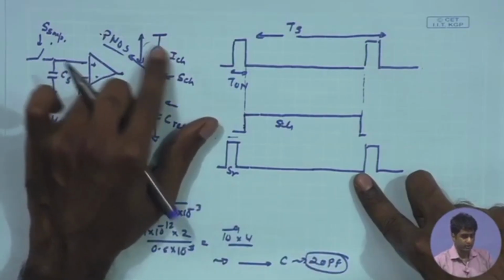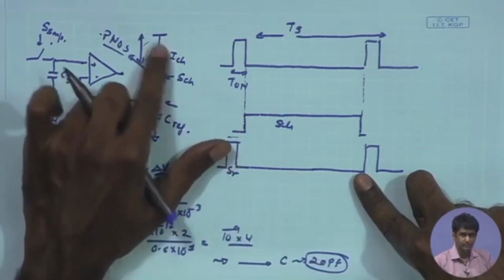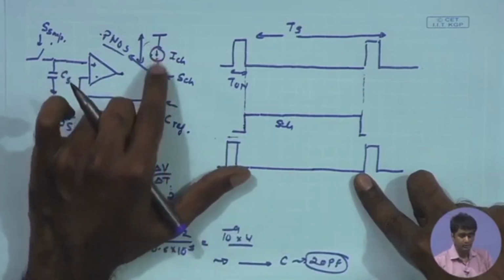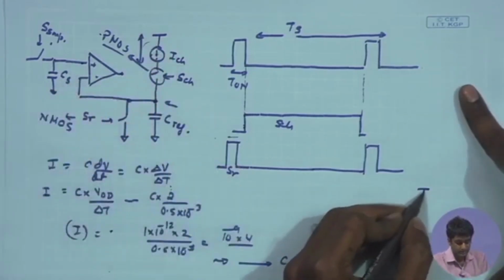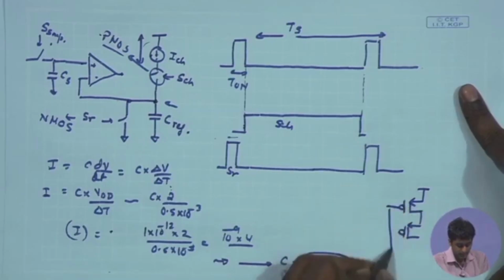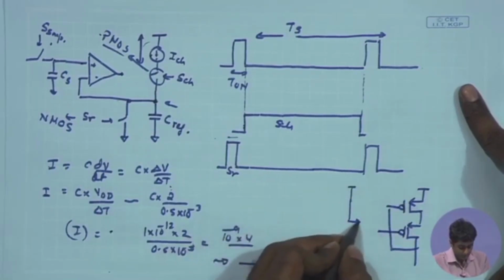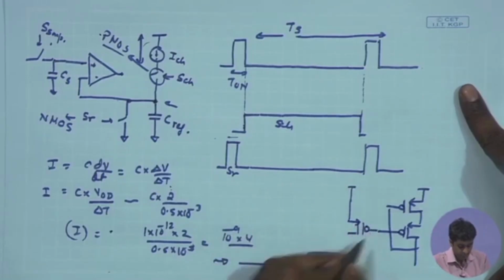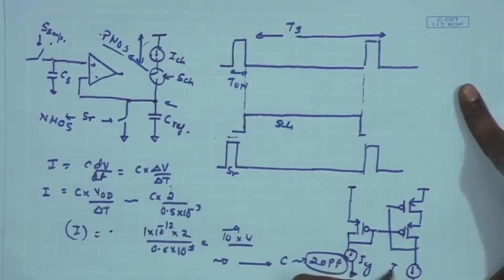So we can use a reduced headroom cascode that we have discussed in one of our earlier sessions to implement this ICH. There also we can make sure that the headroom consumed by that transistor is sufficiently small by using appropriate W by L of the transistor. If you remember the discussion, we have this reduced headroom structure, where you have IREF injected into the PMOS, and the same IREF injected over here.